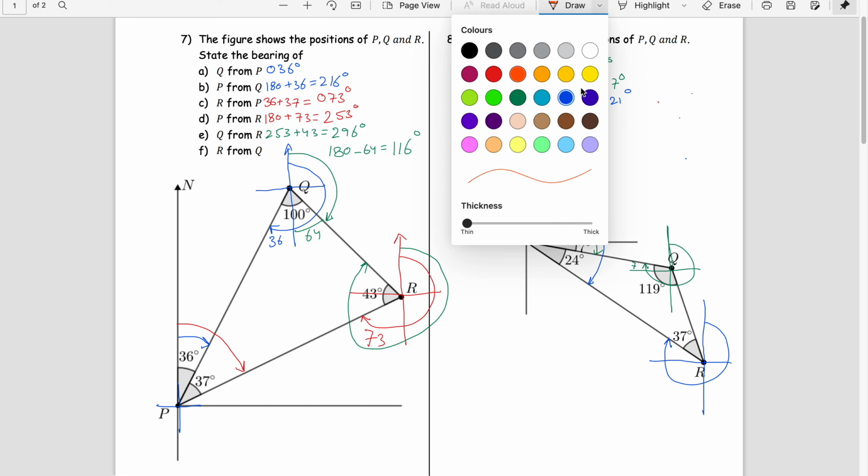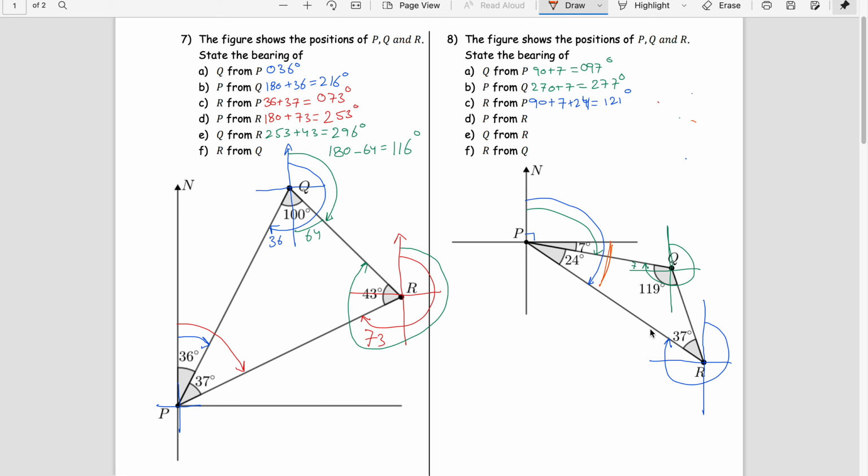We can see that these two are alternate angles, which is 24 plus 7, that is 31. So this is 270 plus 31, that is 301 degrees.